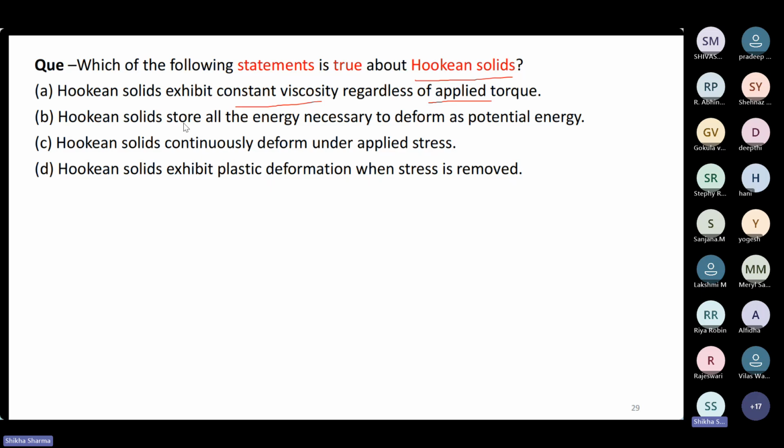Second, they store all the energy necessary to deform as potential energy. Third, they continuously deform under applied stress. Fourth, they exhibit plastic deformation when stress is removed. So, would anyone like to answer this question?